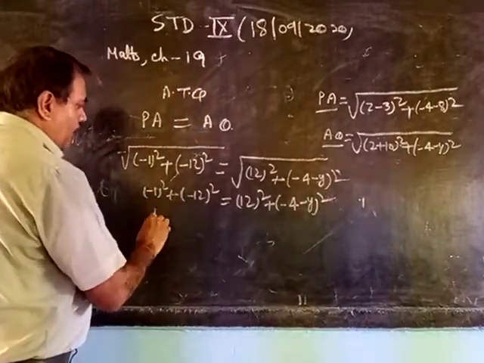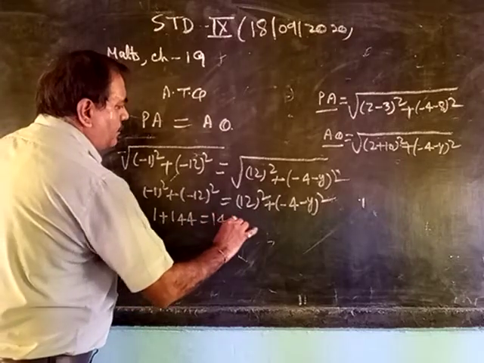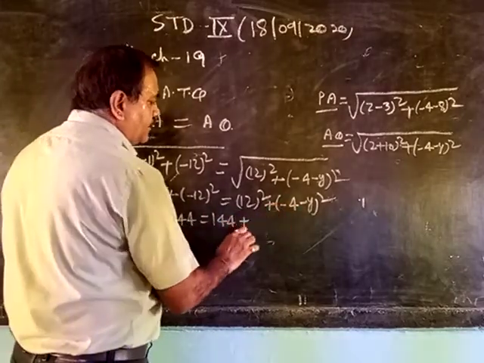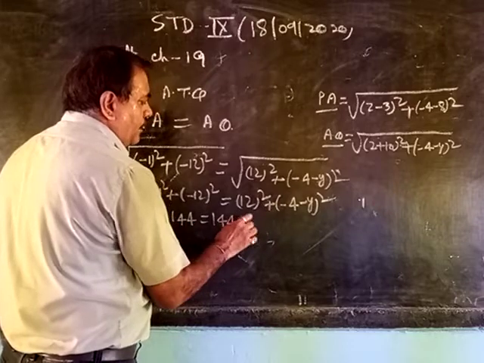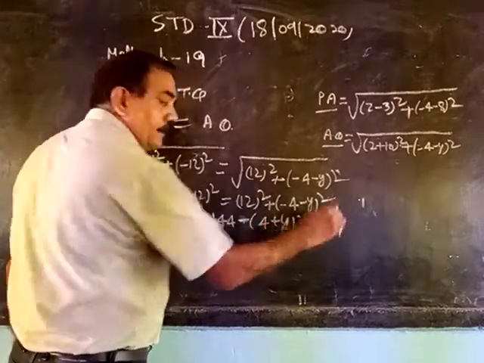So 1 plus 144, and take the minus common, then (4 plus y) whole squared.